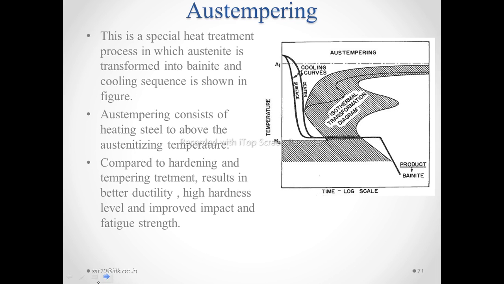So the next heat treatment process is the Austempering process.